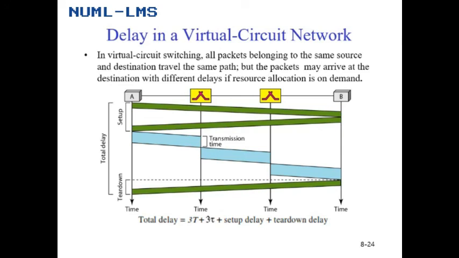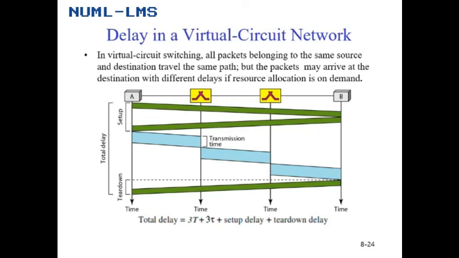The figure shows the delay for a packet traveling through two switches in a virtual circuit. This is the ideal condition. There are three transmission times, that is 3T, and three propagation times, 3 tau, just like packet switching.